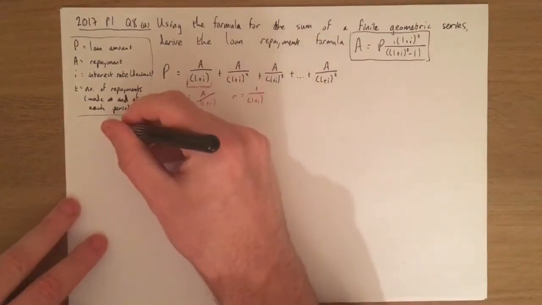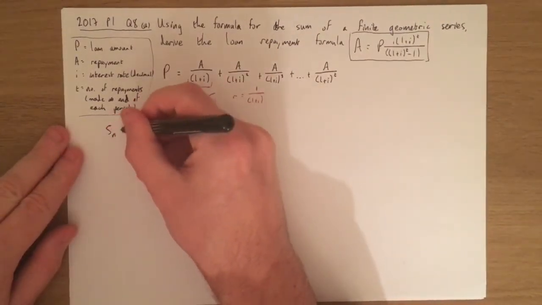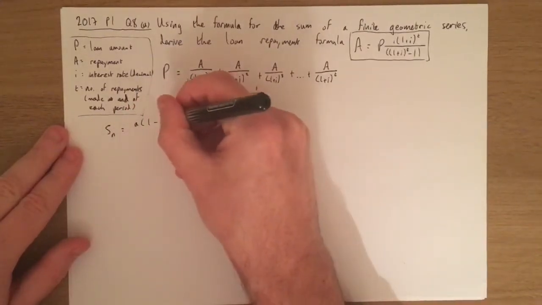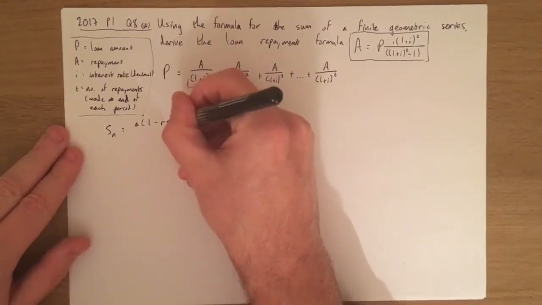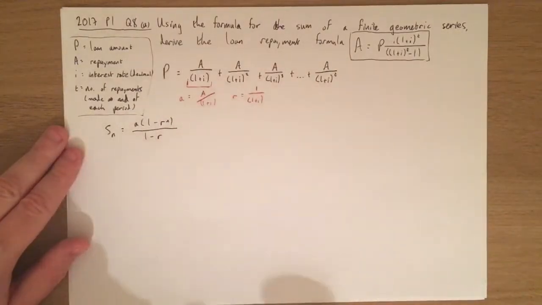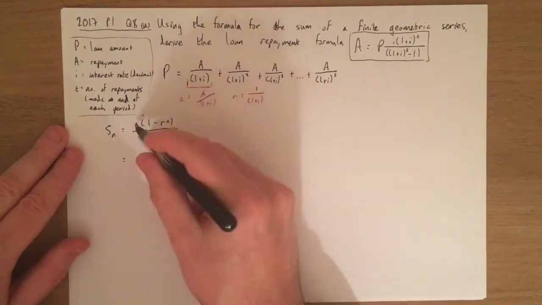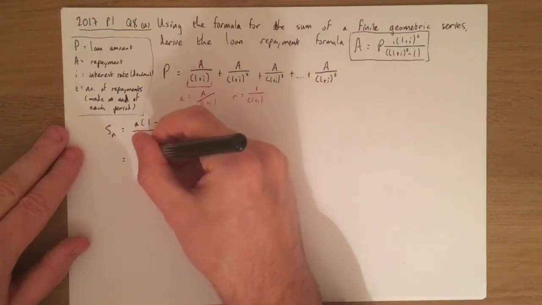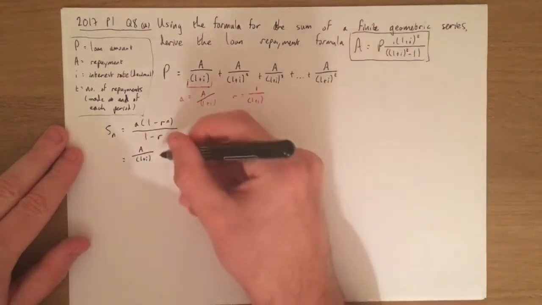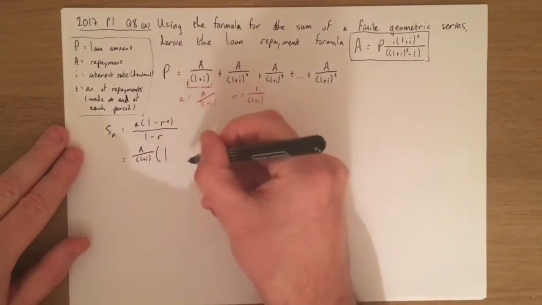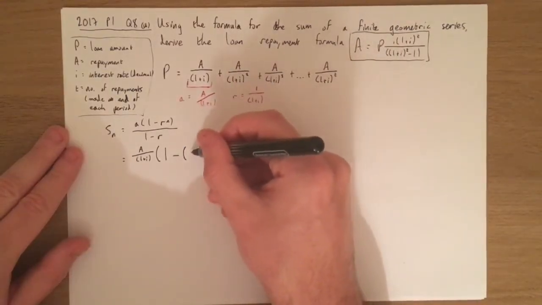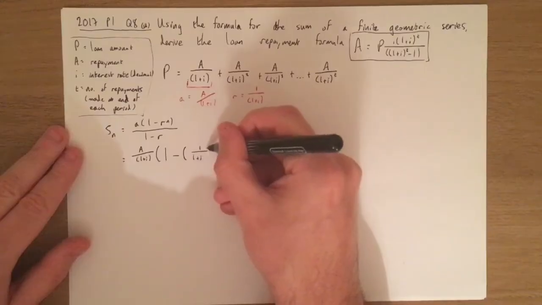So Sn is equal to a times 1 minus r to the n, over 1 minus r. Let's just slot these into the formula. So it's equal to my first term, A over 1 plus i, on 1 minus 1 over 1 plus i.